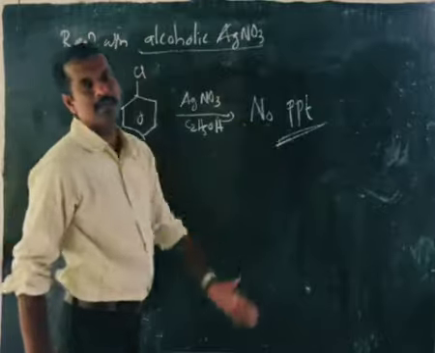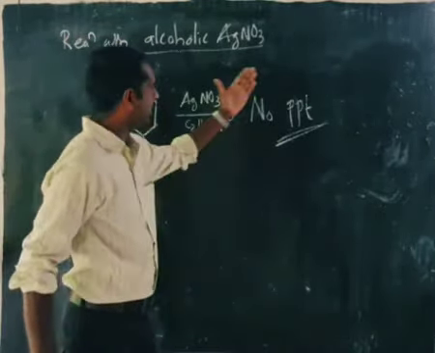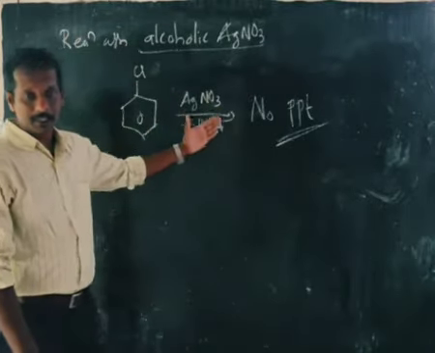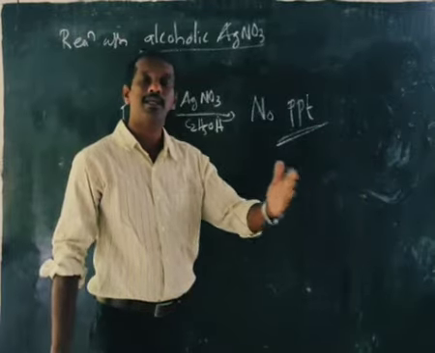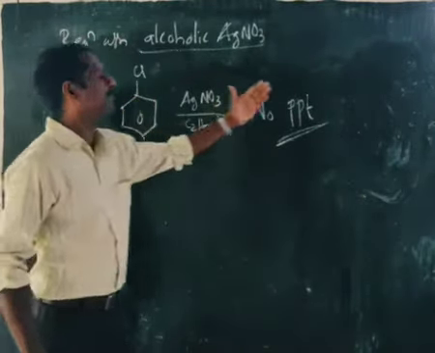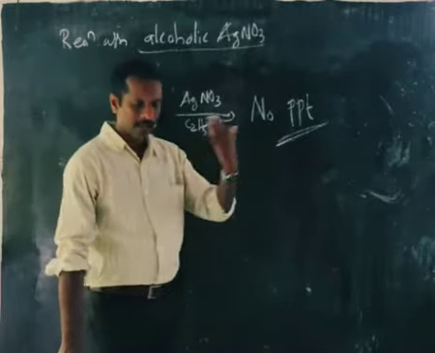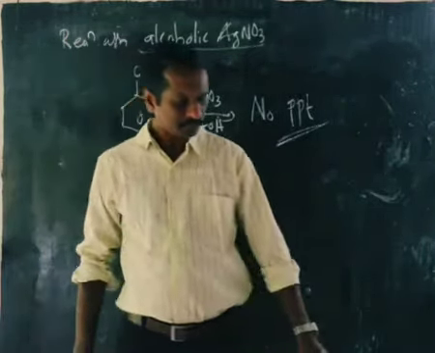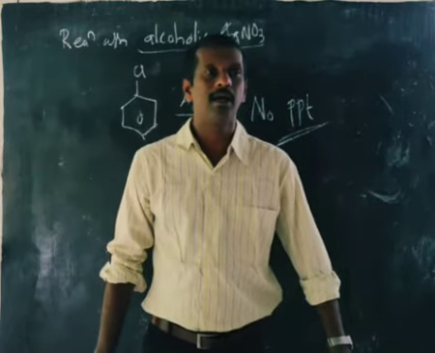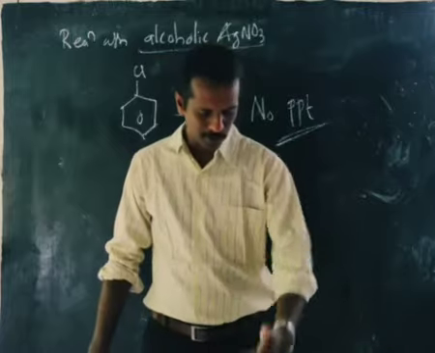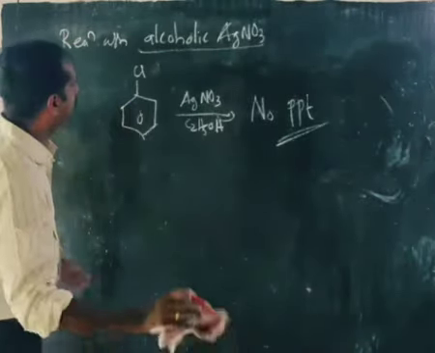From this it is very clear: if you get a precipitate, you can say it is a side chain halogenated hydrocarbon. If you do not get any precipitate, the halogen atom is in the nucleus. This way you can distinguish between side chain substituted halogen hydrocarbon and halogen atom in the nucleus.